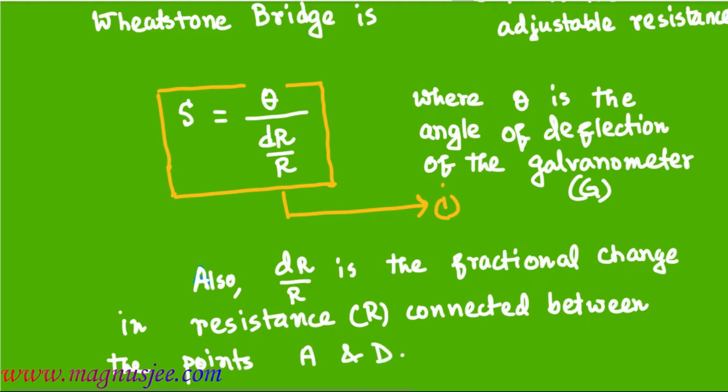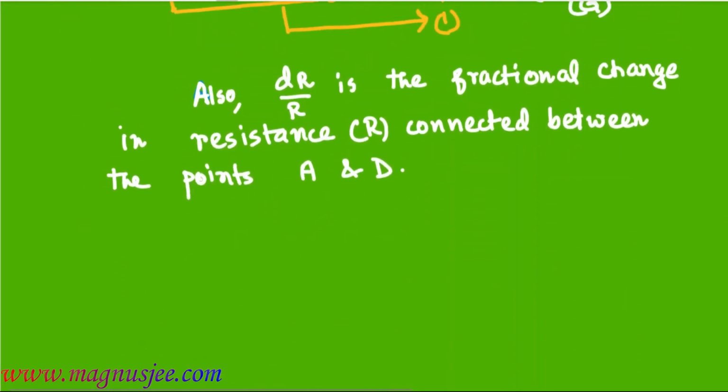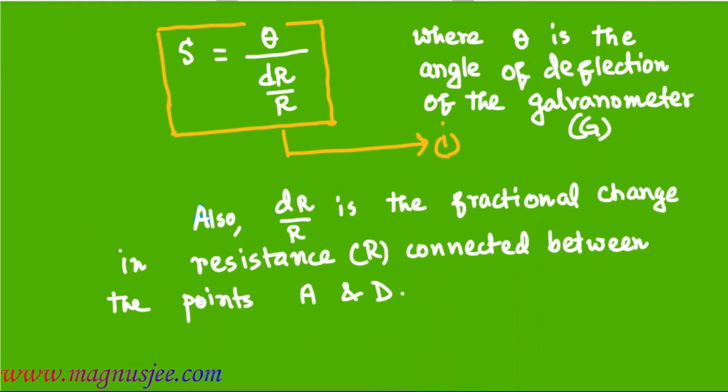If greater angle of deflection is observed due to small change in resistance in the Wheatstone Bridge, then the bridge will be very sensitive. The resistance R is connected between A and D. That's why S is equal to theta divided by dR by R. That is the sensitivity of the Wheatstone bridge.